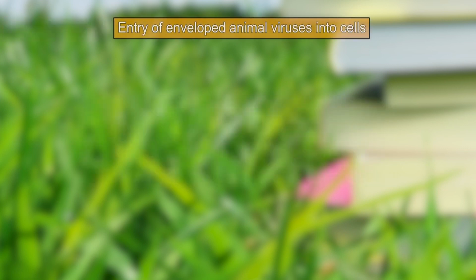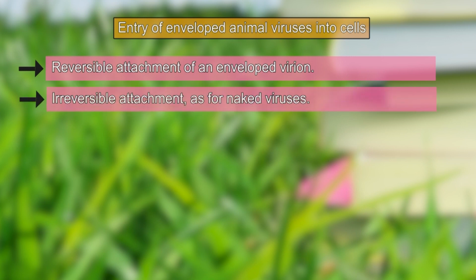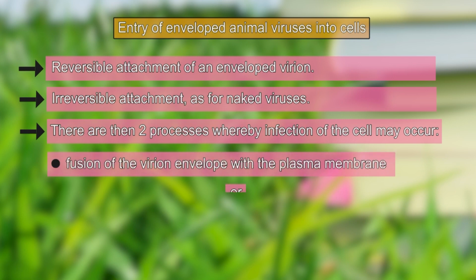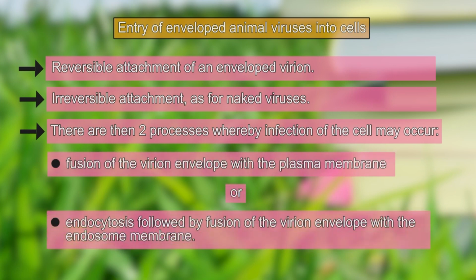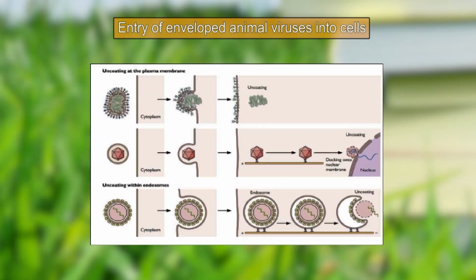Now, entry of enveloped animal viruses into the cells. It is just like naked animal viruses. First the attachment is reversible, followed by irreversible attachment, and the envelope can fuse by two mechanisms, one with the plasma membrane or another with the endosomal membrane. So this picture depicts how an enveloped virus fuses either with the plasma membrane or with the endosomal membrane.